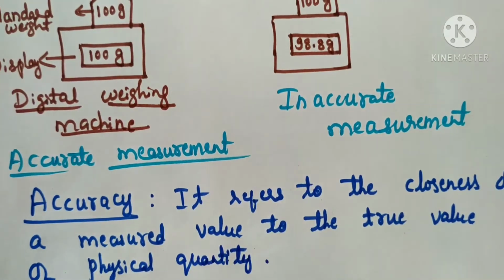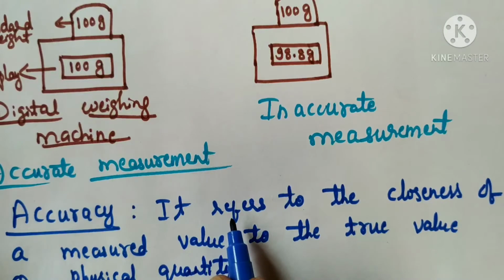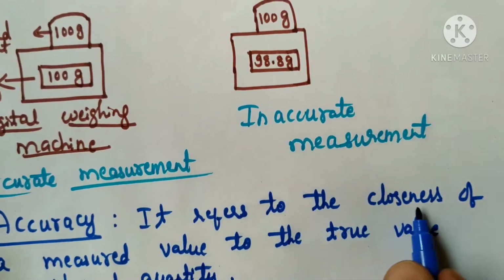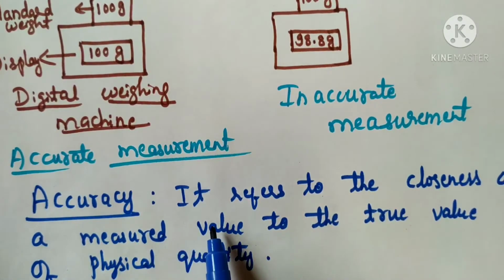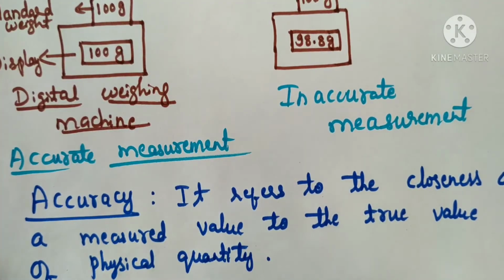That is what accuracy. Once again I will repeat, accuracy refers to the closeness of the measured value to the true value of a physical quantity. Both measured value and true value should match with each other. They should be same. Then we can say that the physical quantity has an accurate measurement. So this is the definition of the accuracy.